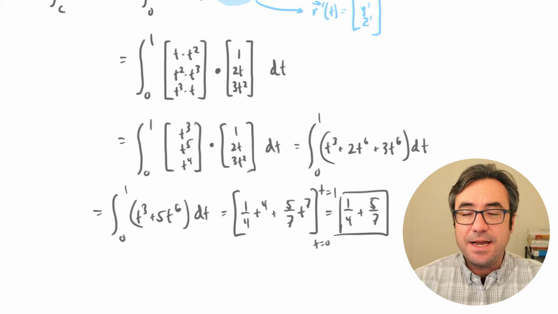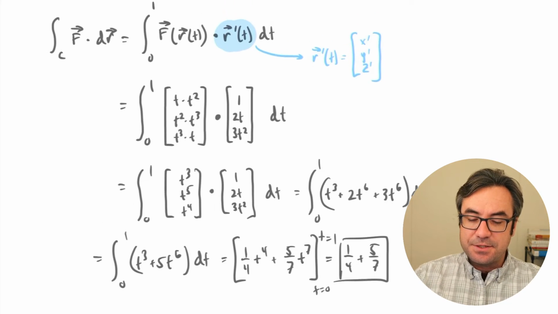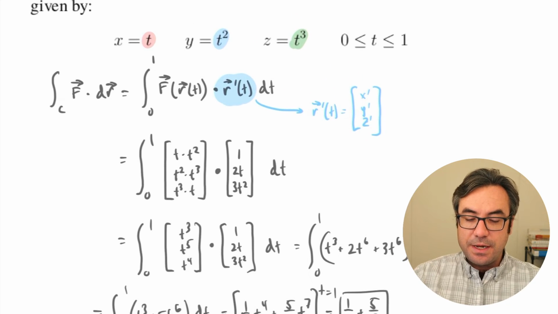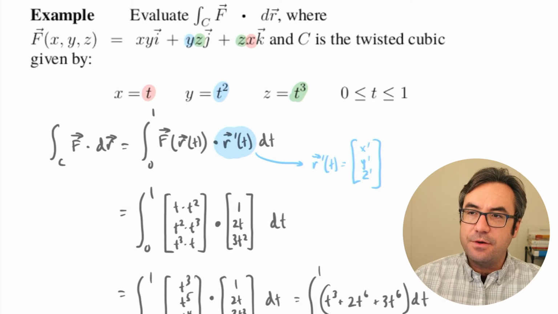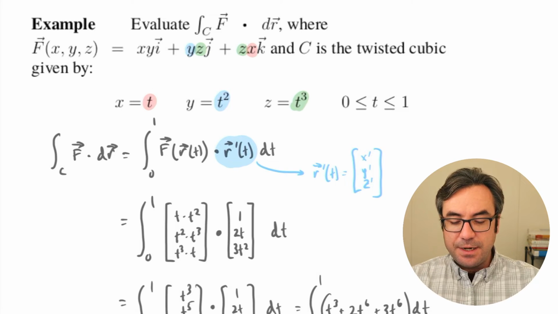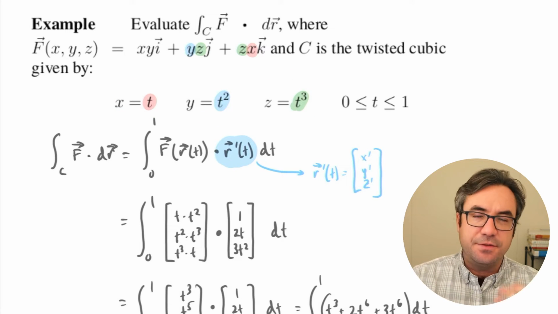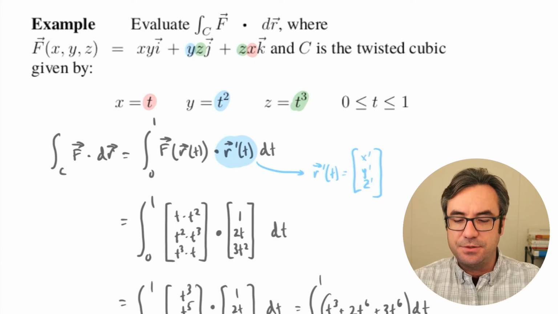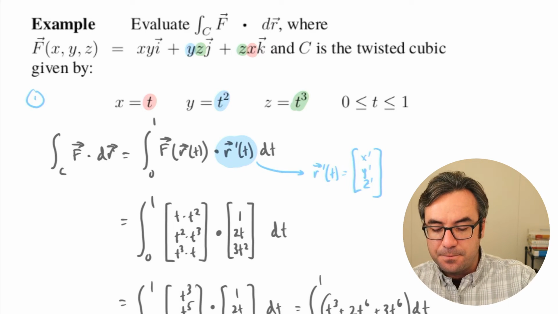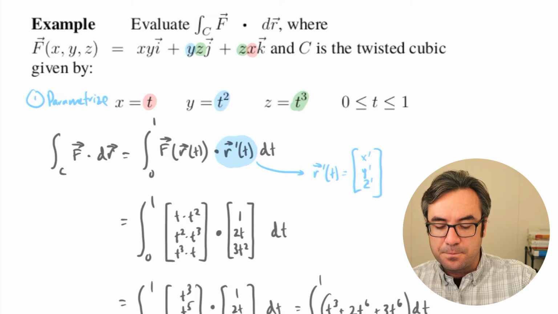And that's the idea. When we calculate the line integral for a vector field, first we need the parameterization for our curve C. In this example, we were given the parameterization. So that's the first thing we need, just like our regular line integrals.